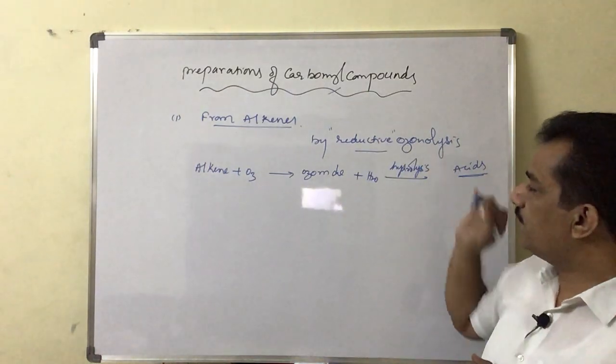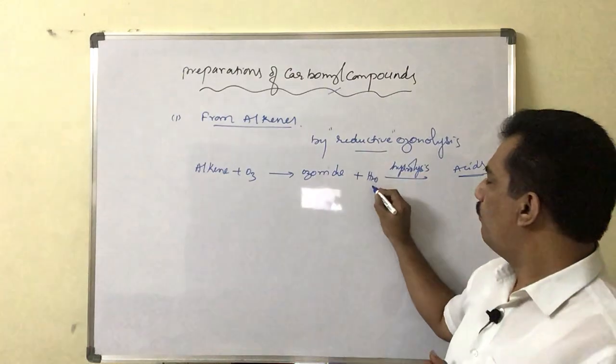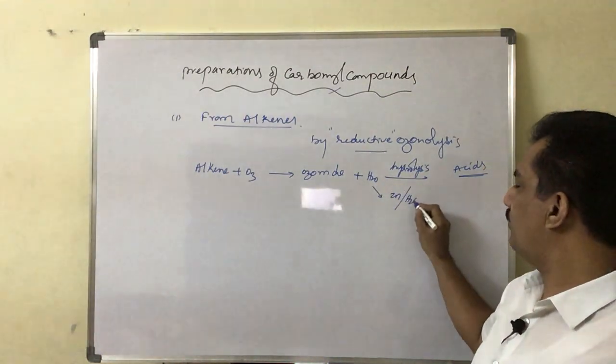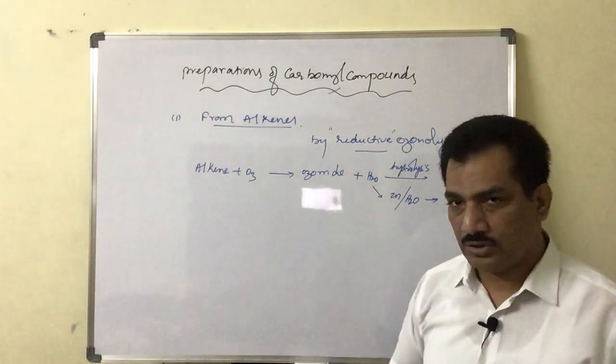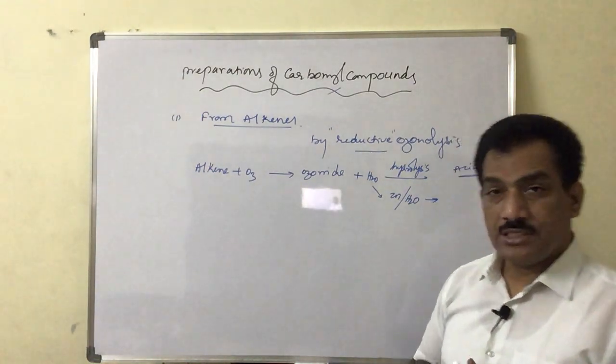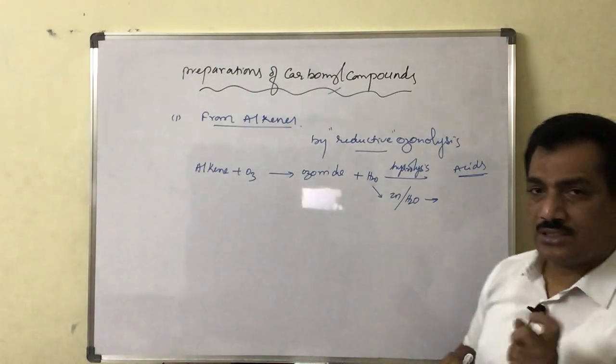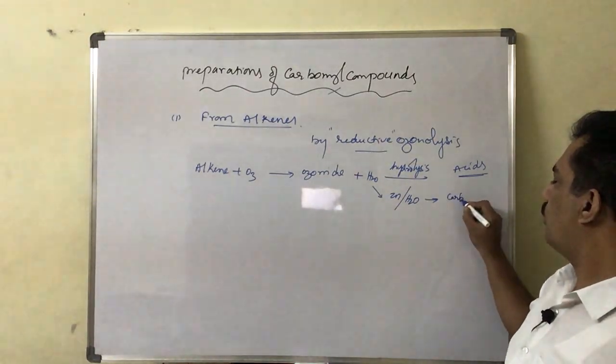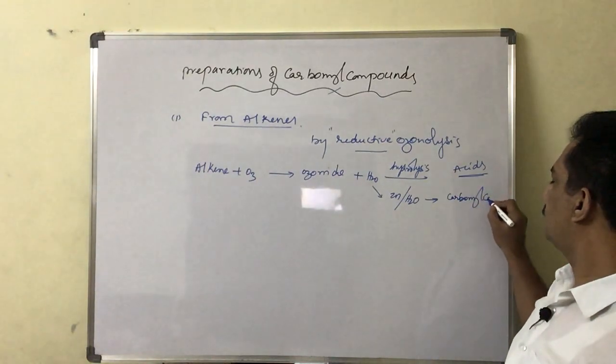And now that reductive ozonolysis will happen if the hydrolysis is carried out in presence of zinc. In presence of zinc, if hydrolysis is carried out, then it will give carbonyl compounds.